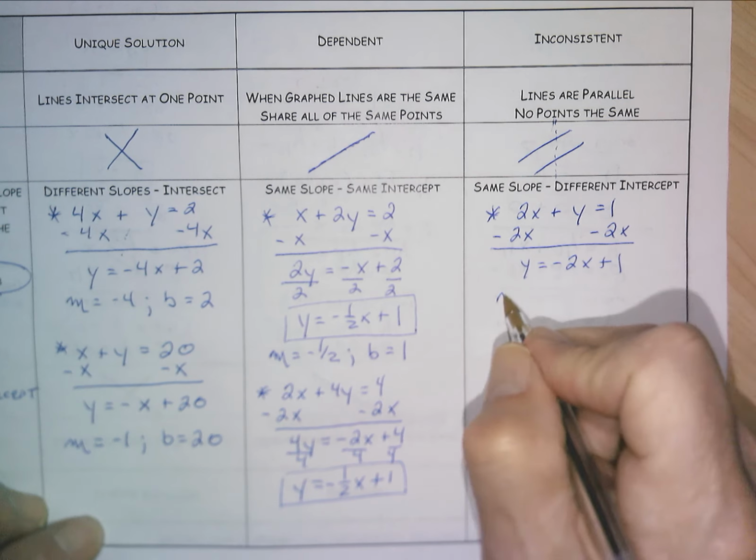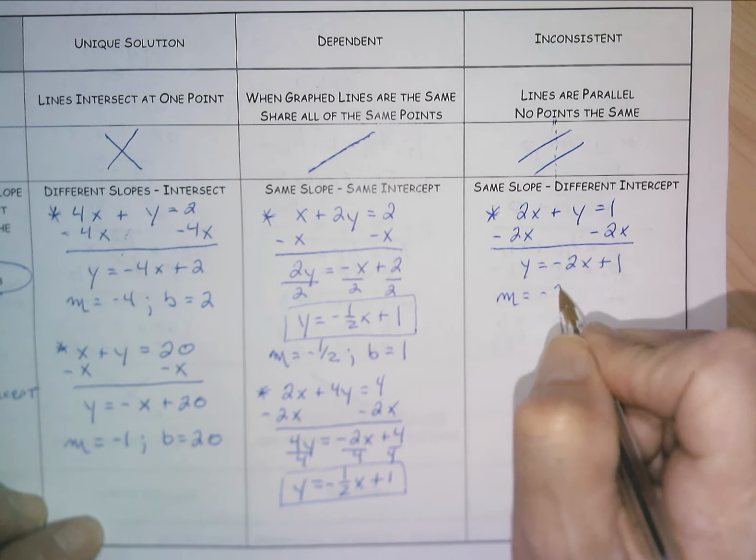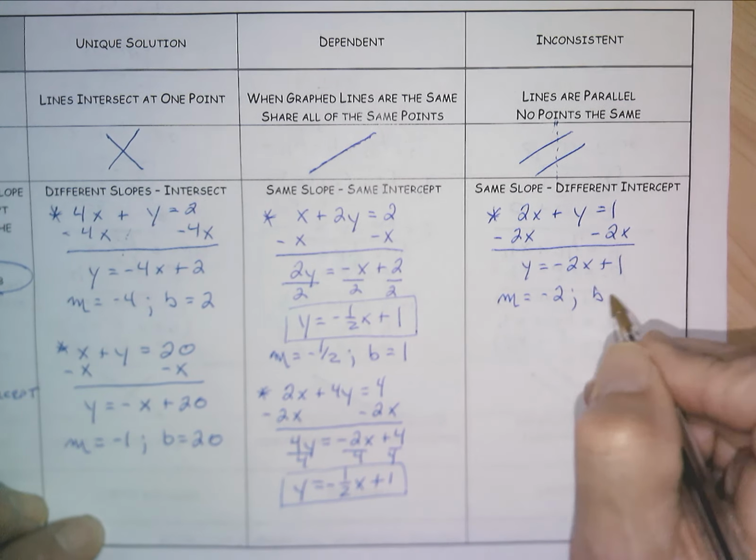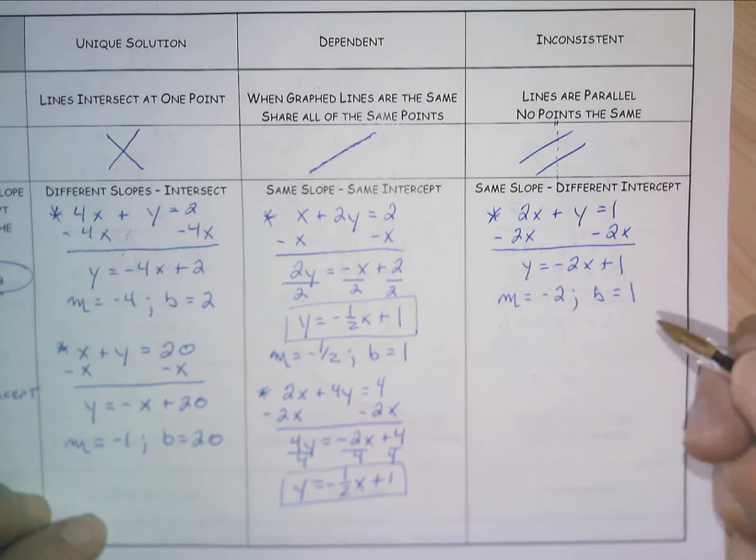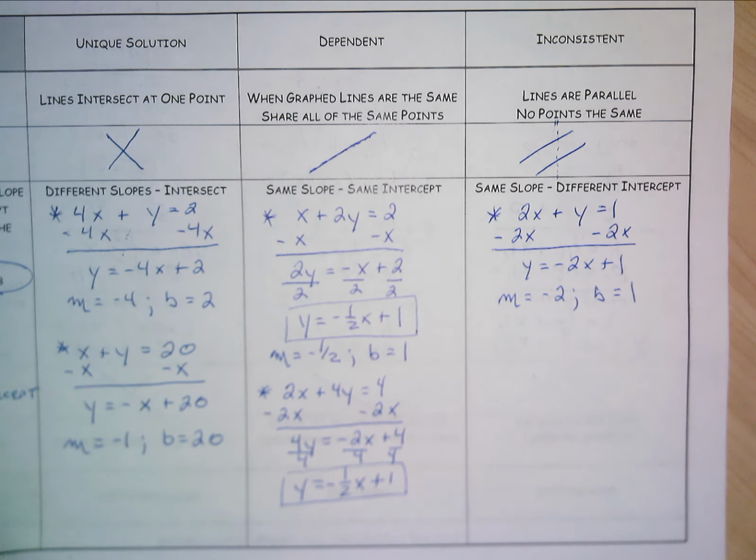So this thing has a slope of negative 2, and it crosses the y-axis at 1. So it looks something like that.